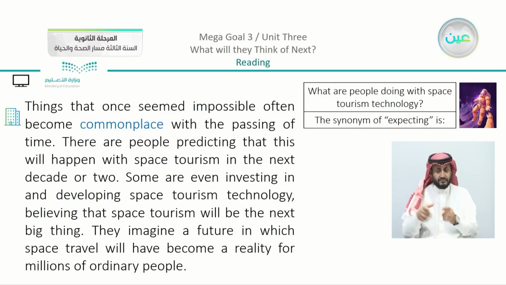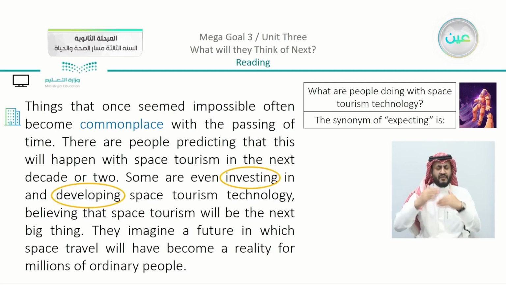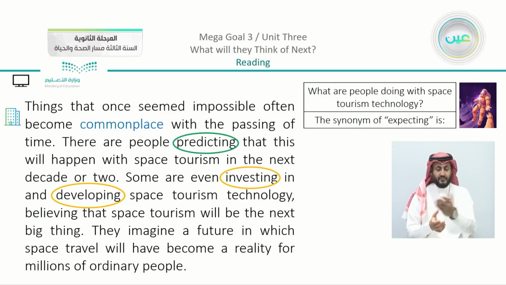Now I'm going to look for the first question. What are people doing with space tourism technology? You can scan quickly and find the answer here: they are investing in and developing space tourism technology. And for the synonym of expecting, we can say that the meaning is predicting.